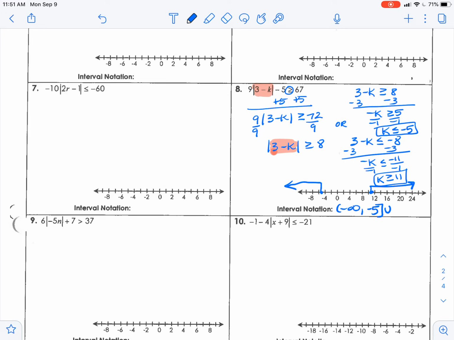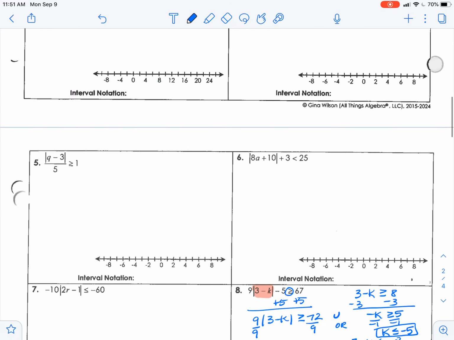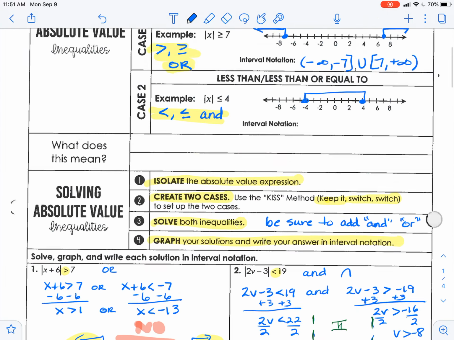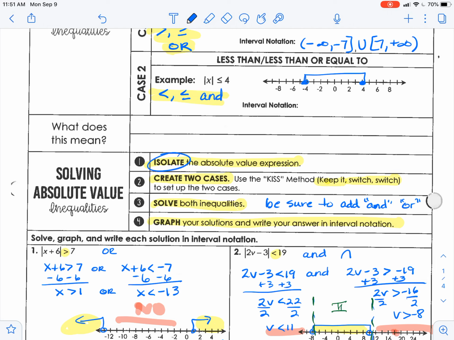And then that is union, because remember, "or" is union, with bracket 11, positive infinity. Make sure I put that one in the right spot. So that is how you do it. Again, do not forget that when you're doing this you must isolate. That's a key. Isolate and then always set up your two cases.